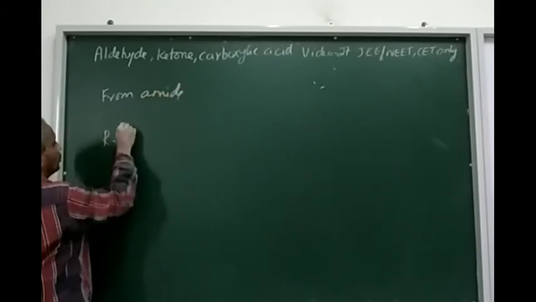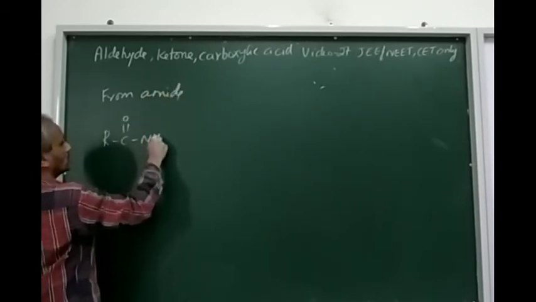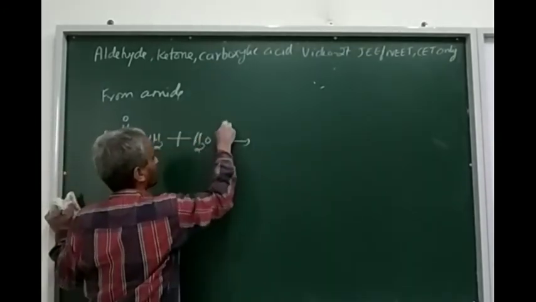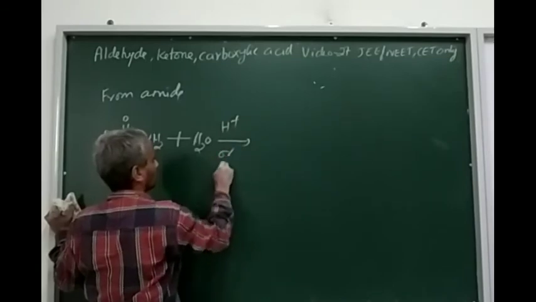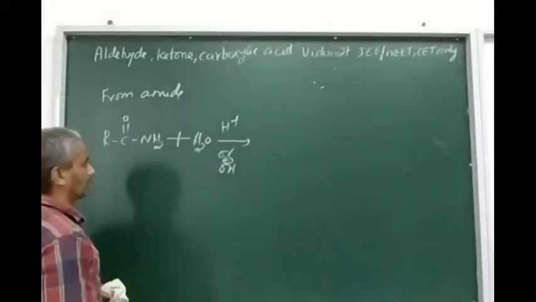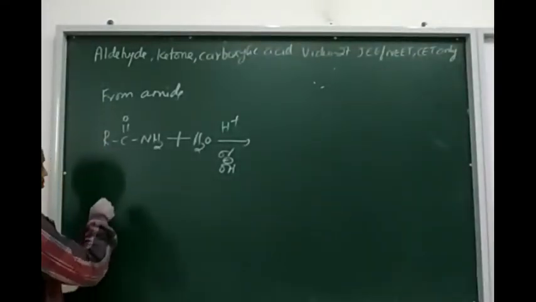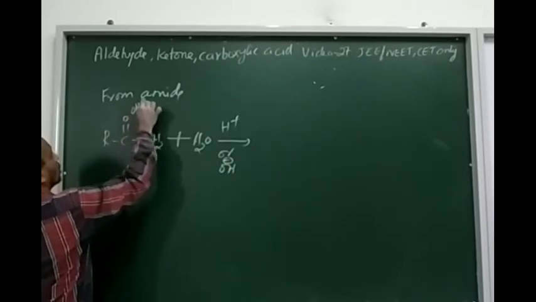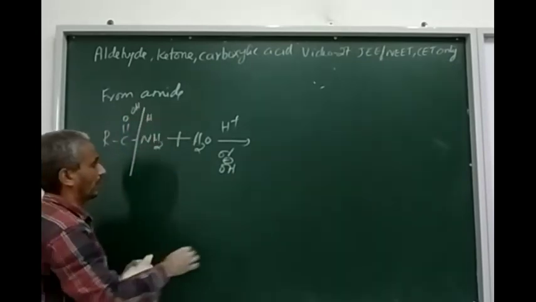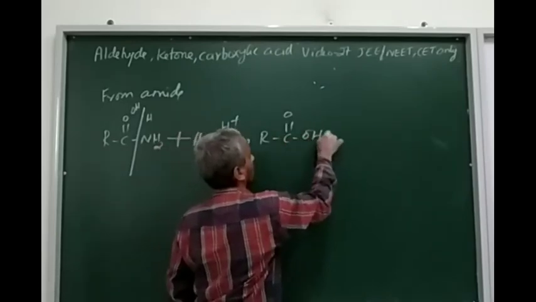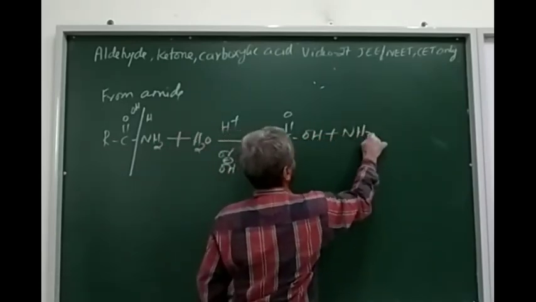Amide is RCONH2. Treat with water in the presence of H+ or OH-, means acid or a base. What are you going to get? I am going to get RCOOH along with NH3, ammonia.